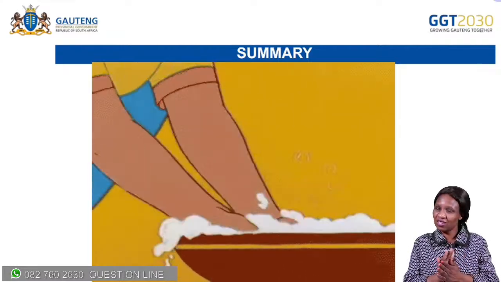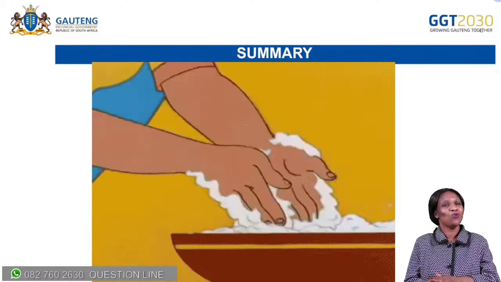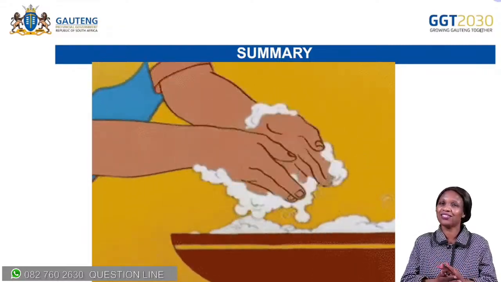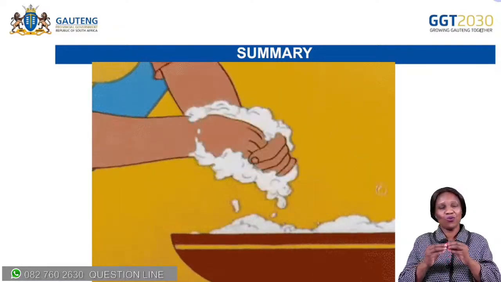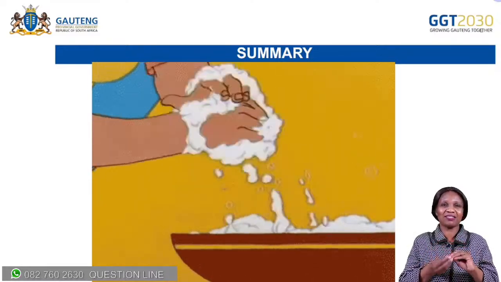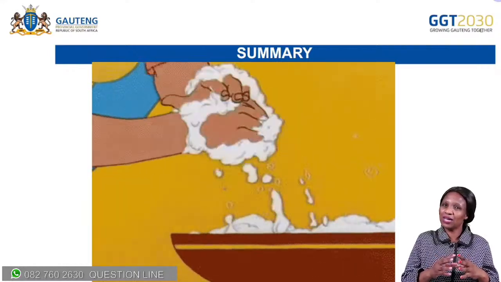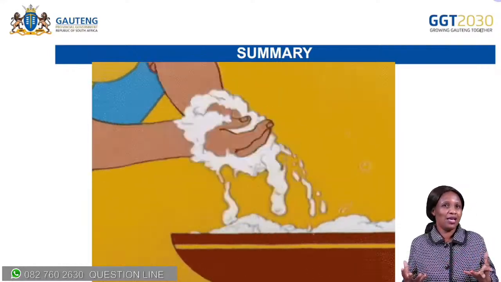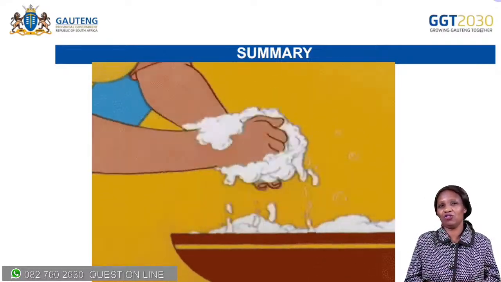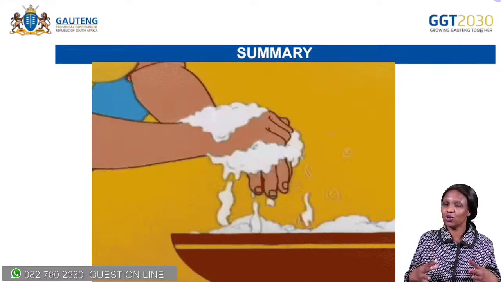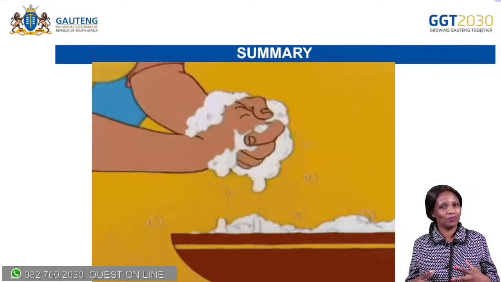We wash the inner side. We wash the outer side. We wash in between the fingers. We wash our nails. Using a detergent or any type of soap and running water. Then you make sure that your hands are clean.